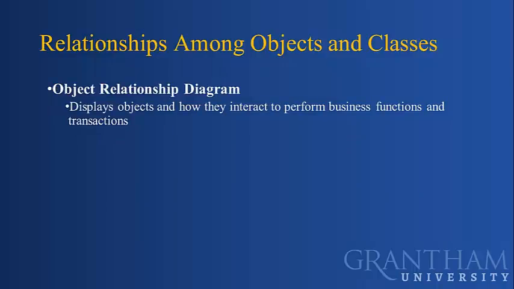An object relationship diagram displays objects and how they interact to perform business functions and transactions. Refer to Figure 6-11, which illustrates an object relationship diagram for a fitness center.